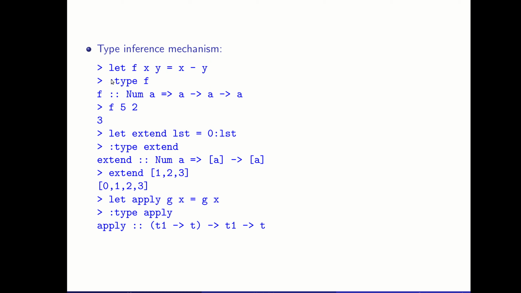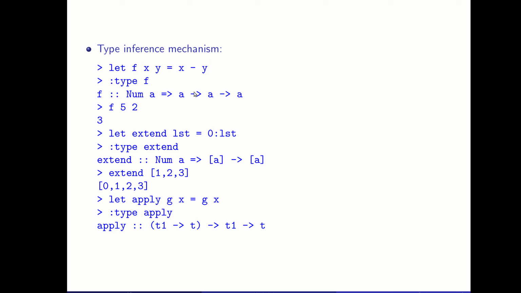You can query the type of things in Haskell by using :type and then the thing you want to check the type of. I believe you can shortcut this to :t as well. So here it tells me its name is f, and it uses some type A that I know is a number.